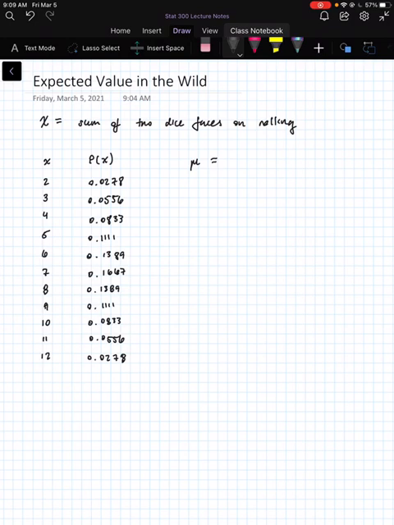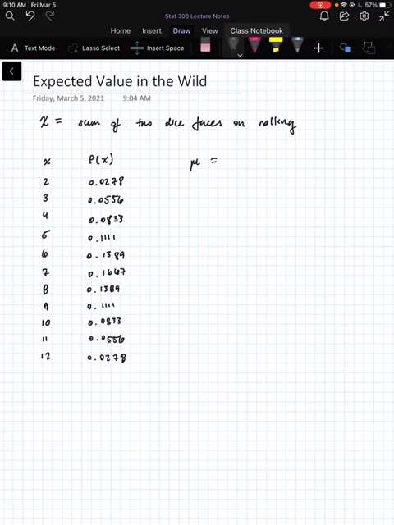So remember that we said expected value, you can think of it as the mean of all outcomes when you repeat this experiment infinitely many times. So imagine a gambler who sits there for all of eternity, from now until the end of time, and plays this game over and over and over again, each time getting a different sum.